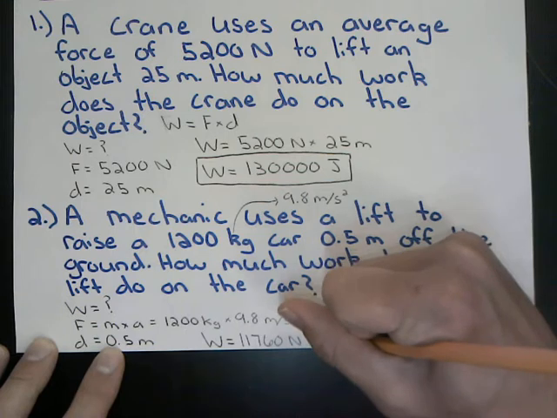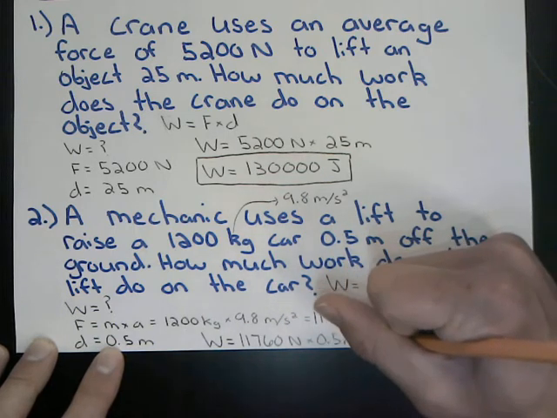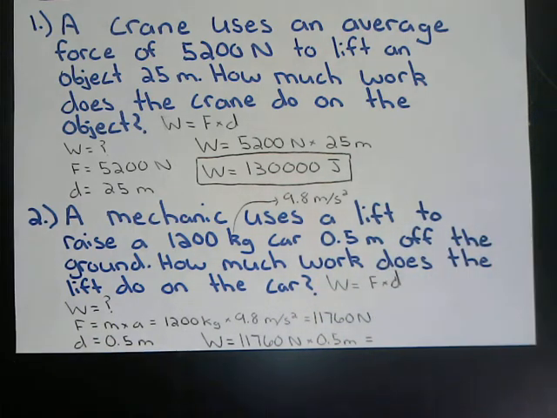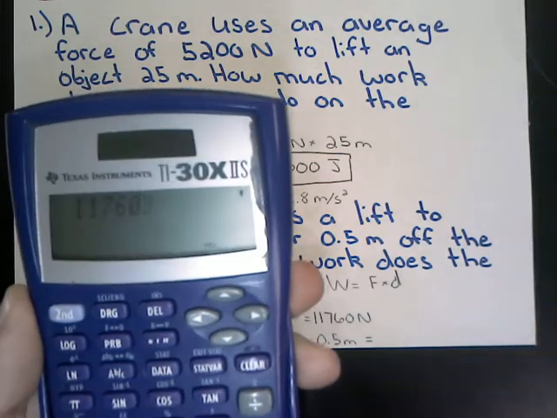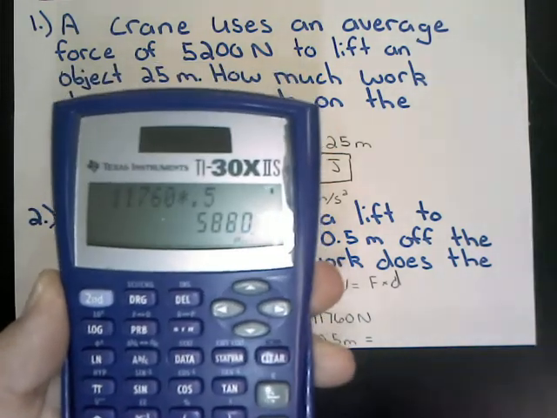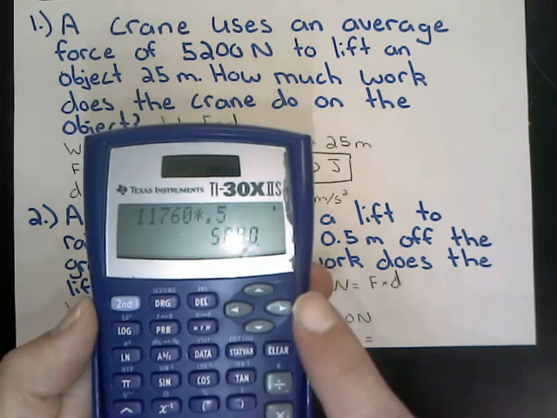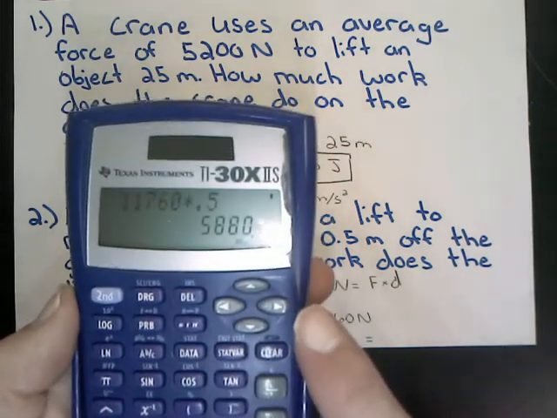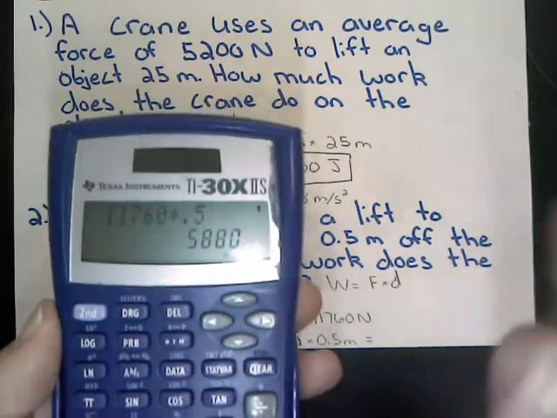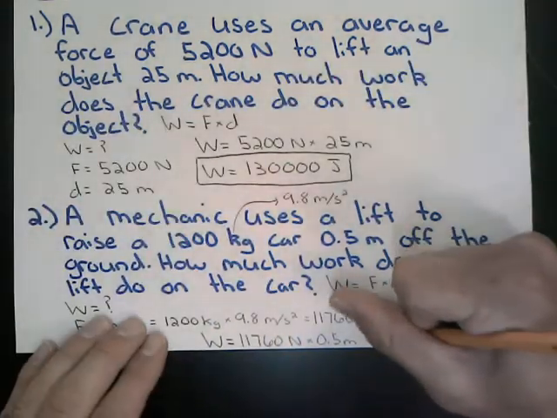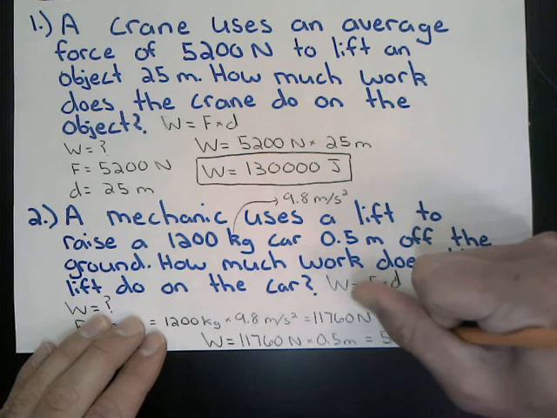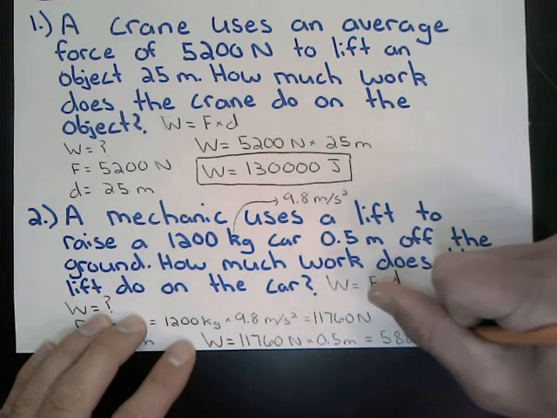Now all I need to do in my calculator is take 11,760 times 0.5. And what I'm going to do is just keep it 5,880. And remember, that is in the unit of joules.